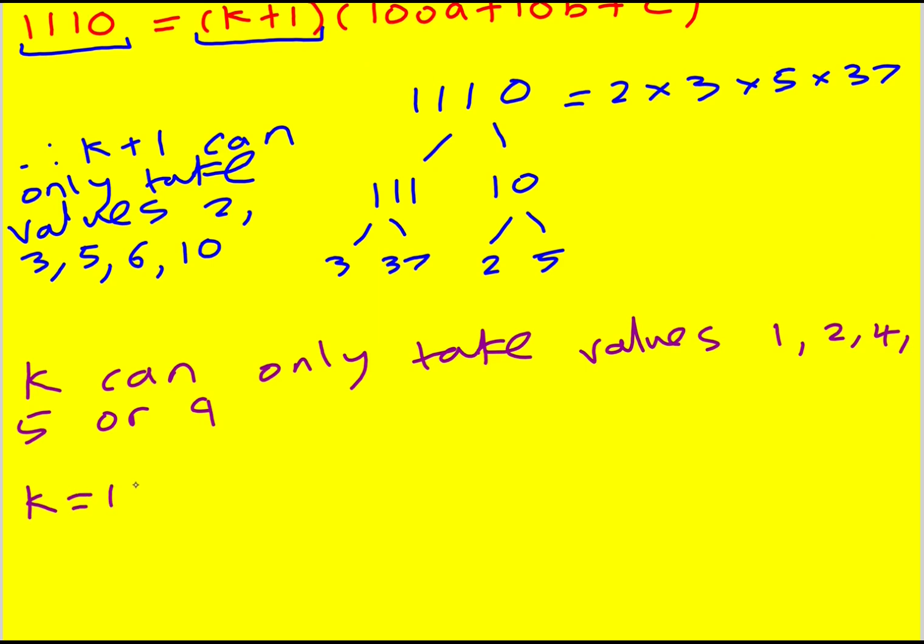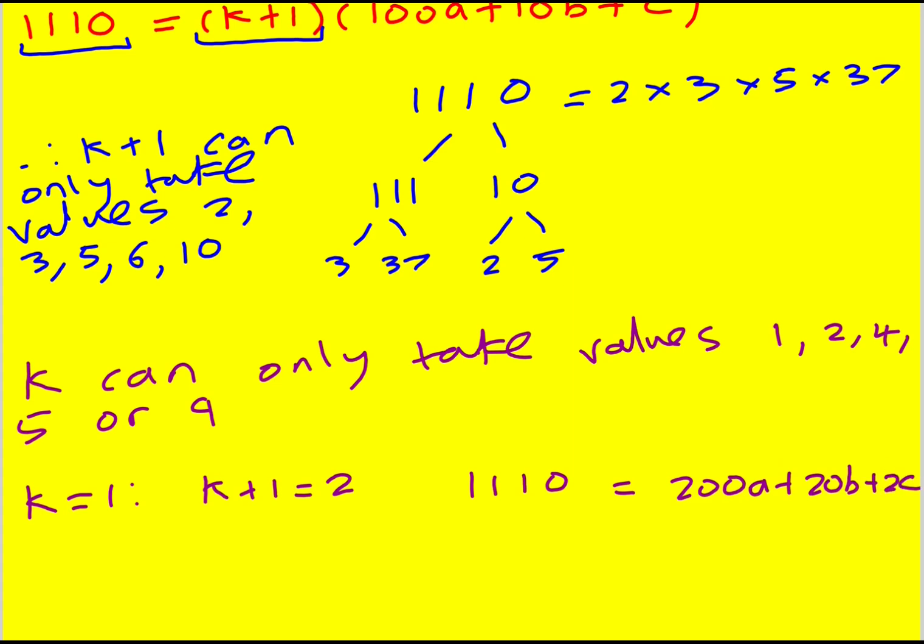K equal to 1, or K plus 1 would then equal 2. There's a couple of ways you can do this. One way you could do it would be to sub in 1110 equals 2 times 100a plus 10b plus c. So that'll give me 200a plus 20b plus 2c.